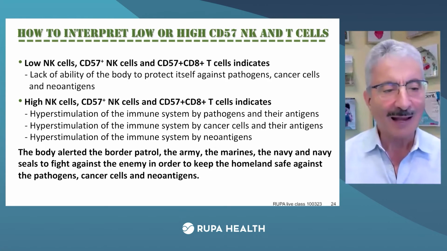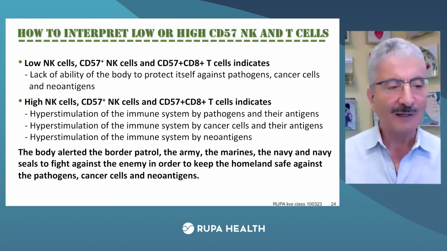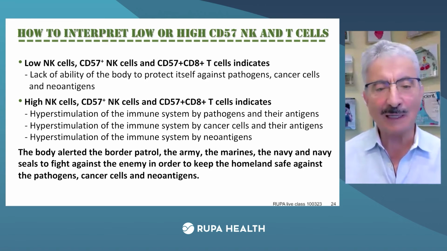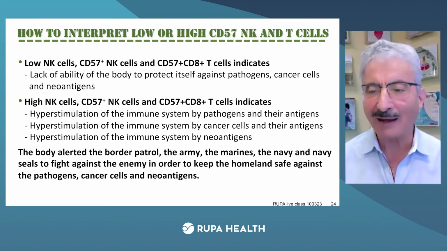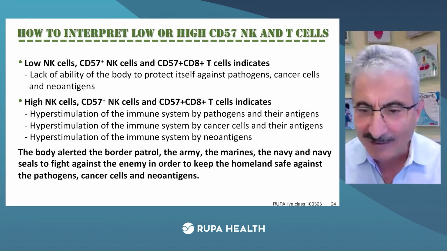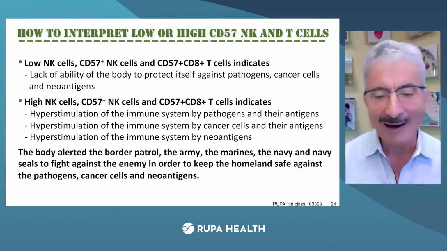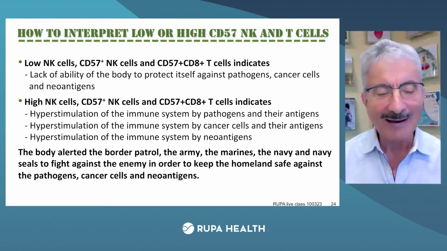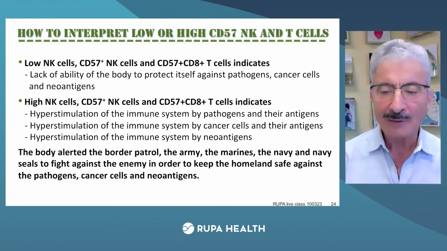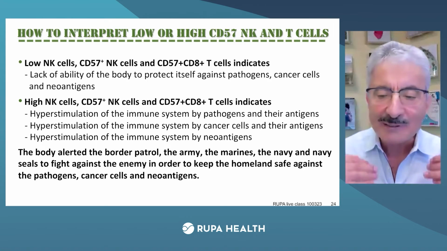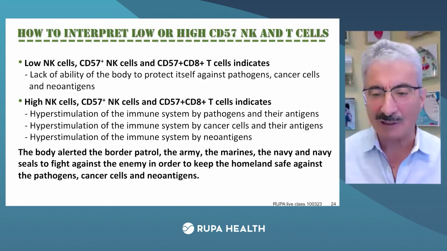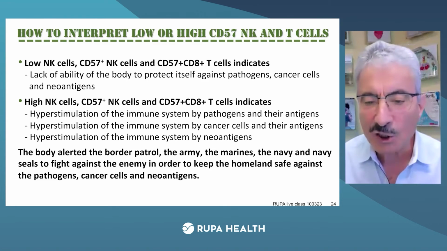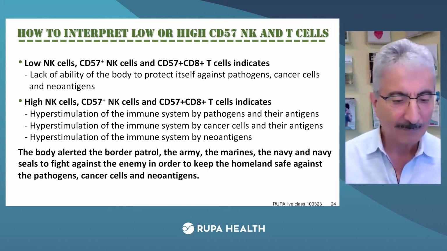But what is the meaning of having low or high CD57 positive NK cells and their subpopulation? Low levels of NK cells indicate lack of ability of the body to protect itself against pathogens, cancer cells, and neoantigens. High NK cells and their subpopulation indicate hyperstimulation of the immune system by pathogens, cancer cells, and neoantigens.